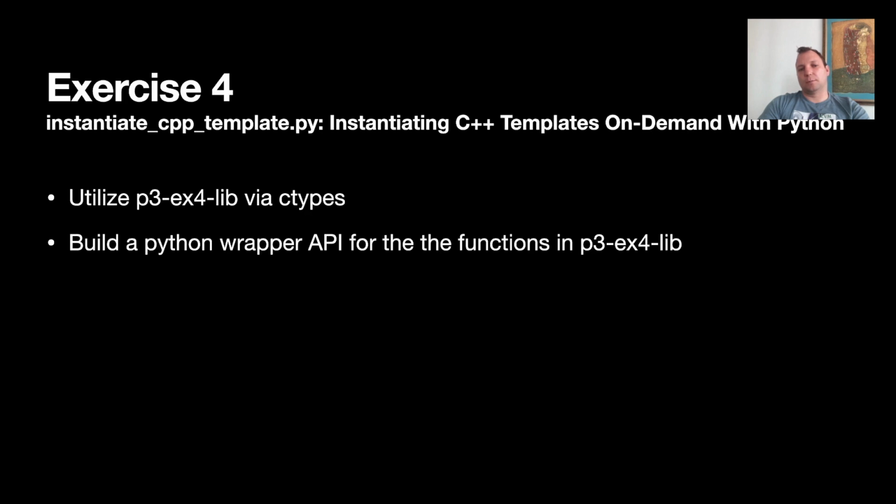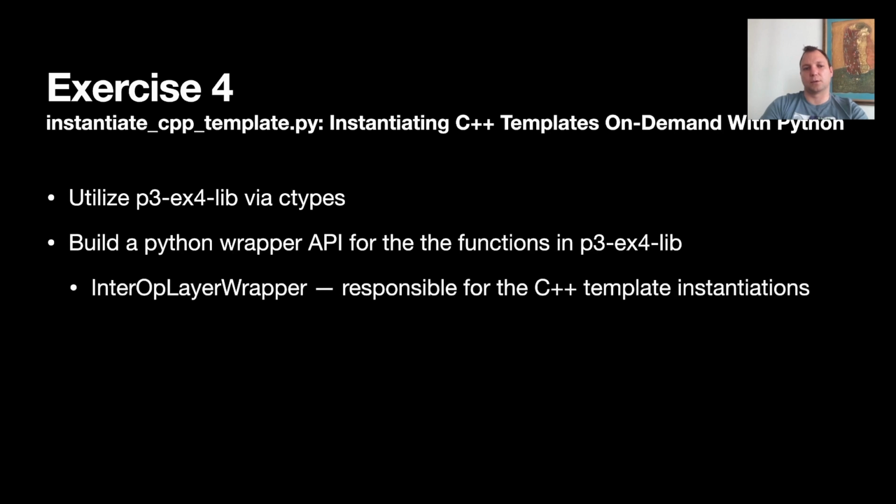We're going to build a Python wrapper API for the functions in the library. That's for making it easier to use from the Python side. It's not a necessary step, but it makes the code nicer and more Pythonic. There are basically several items. The first one is this interop layer wrapper.